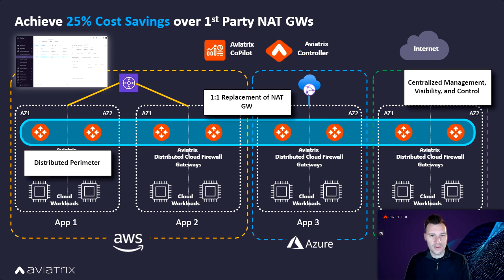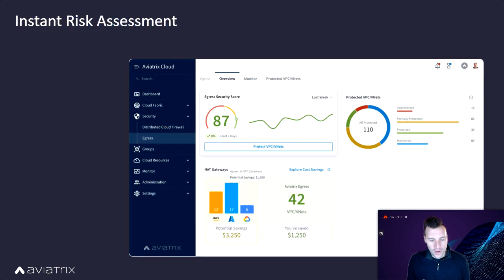If I get rid of my pen strokes, you have the ability to instantly see what your holistic egress security score is, right? So for every VPC or VNet that you have onboarded that's trying to get out to the internet, you can instantly see what that security score is.